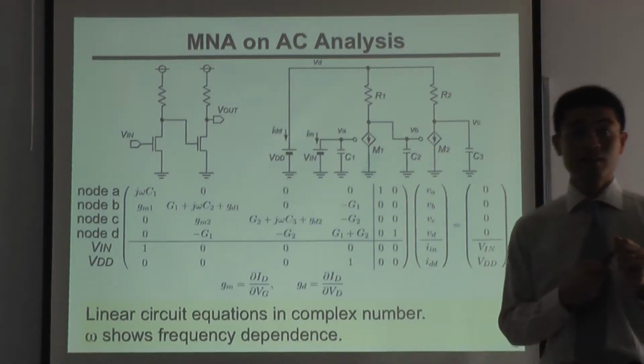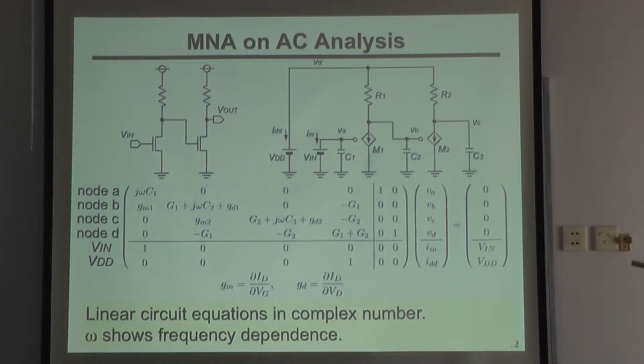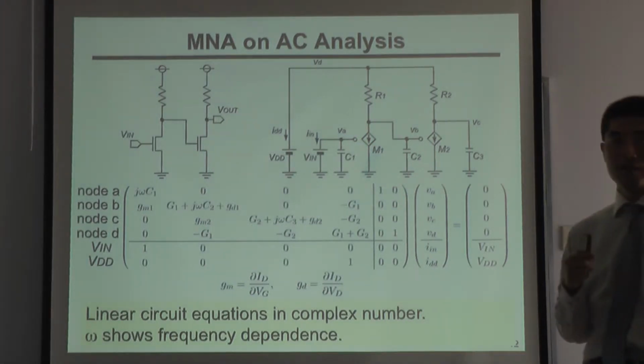So for AC analysis, we also use modified nodal analysis. For AC modified nodal analysis, we have to care about the capacitance as well, capacitance and resistance and transconductance, which is a voltage-controlled source. For example, this circuit is composed like this, and these transistors are linearized.